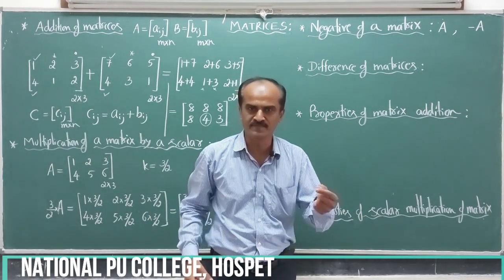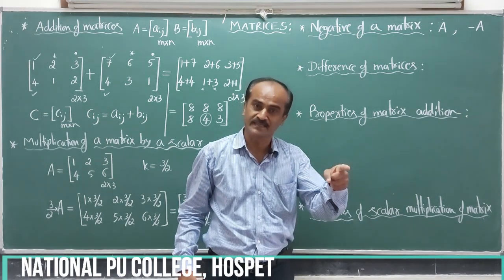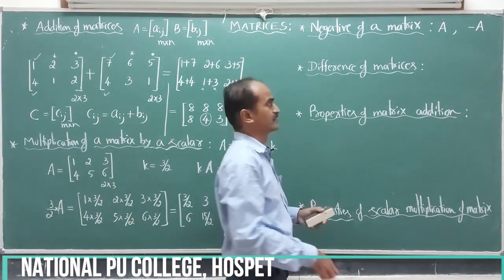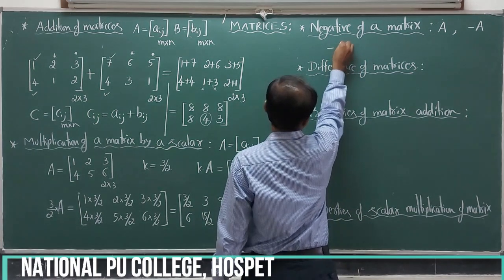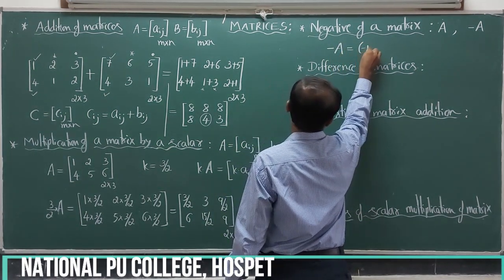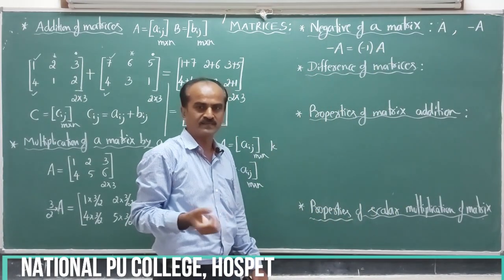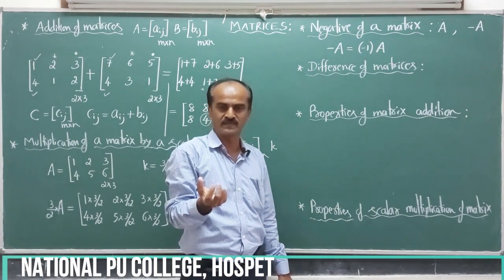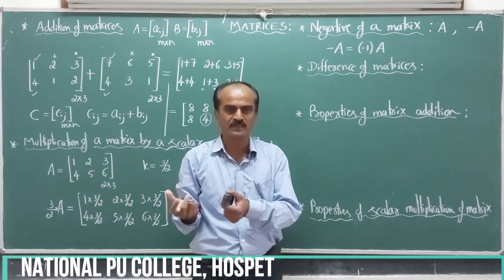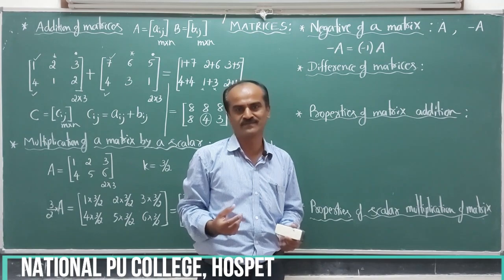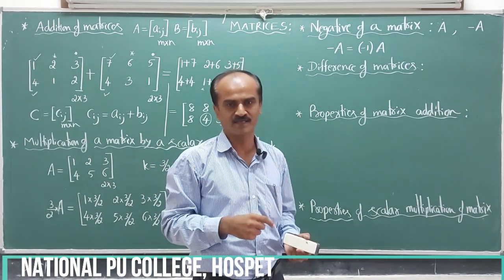It is defined as minus A equal to minus 1 times A. Nothing but the scalar taken as minus 1. When a matrix is given, you multiply all the elements of the matrix by minus 1. The resulting matrix itself is called the negative of the given matrix.